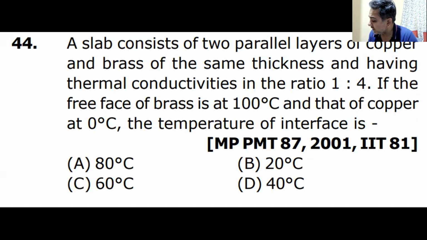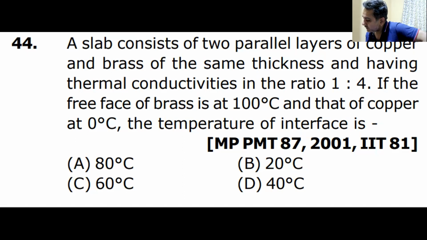If the free space of brass is at 100 degrees Celsius and that of copper, okay, they want to ask you the temperature of the interface. We'll do it afterwards. It might require some calculation, so let us not do it here. We will do it later on.